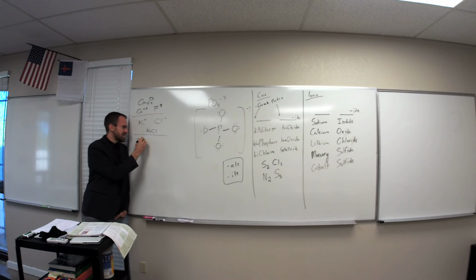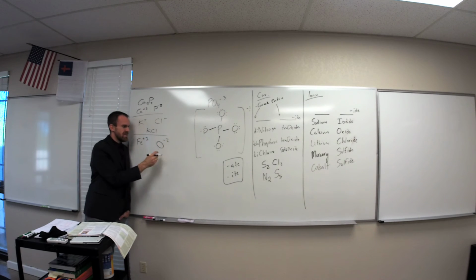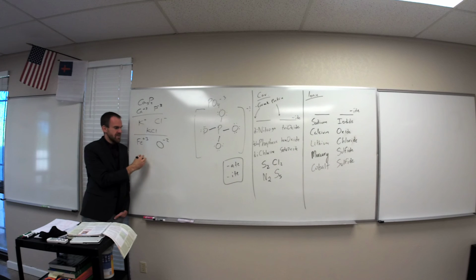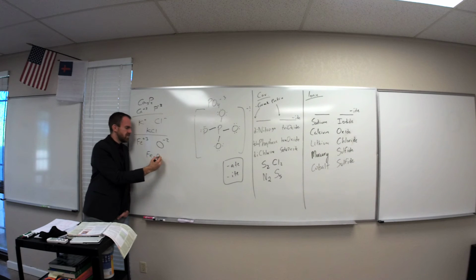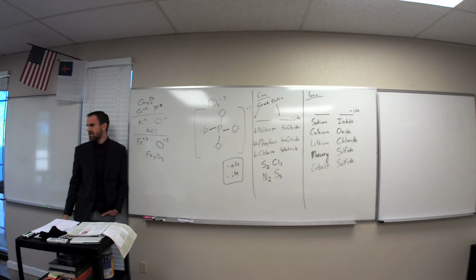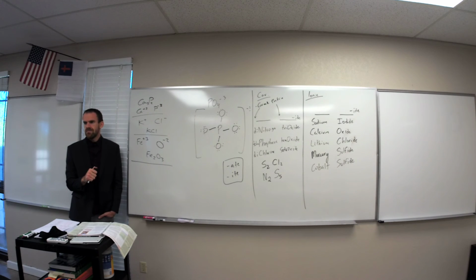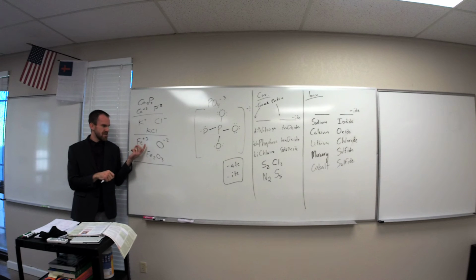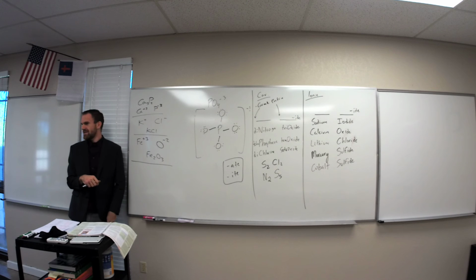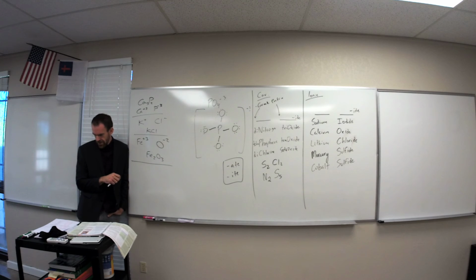Oh, cool, they tell us in the problem. And oxygen is always -2. So how do I combine these? I need 2 irons, 3 oxygens. Why? Because if I multiply this by 2, I get +6. If I multiply this by 3, I get -6. And they equal out.